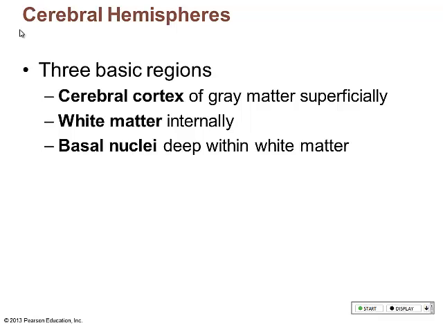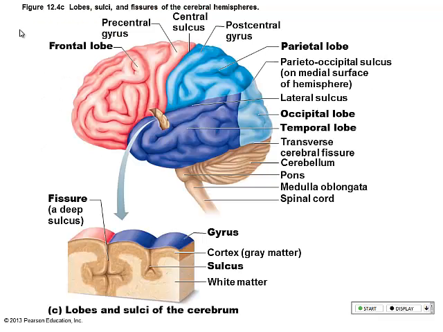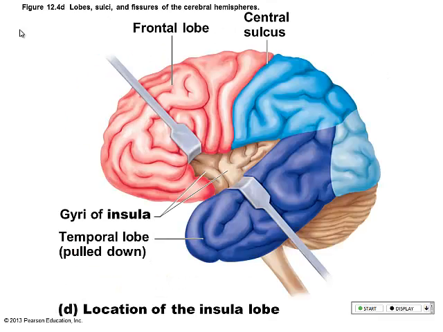Cerebral cortex, file cabinets, right? This is where we're going to store information. About 2 to 4 millimeters thin, our cerebral cortex is. A superficial layer of gray matter. 40% of your brain mass. And this is where the file cabinets are.